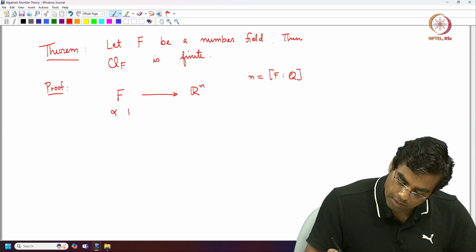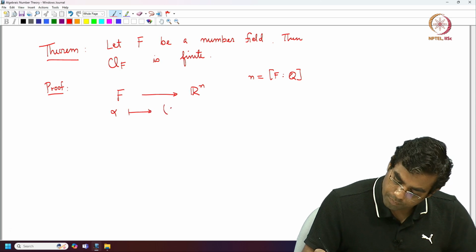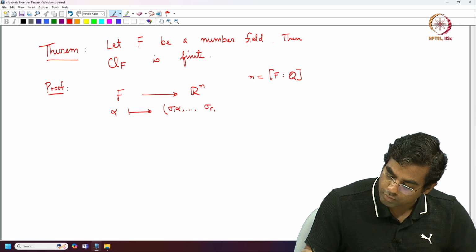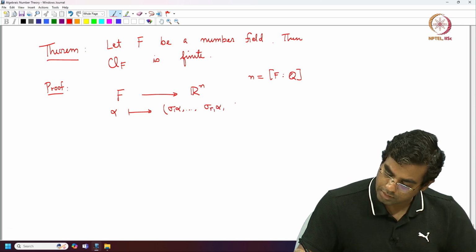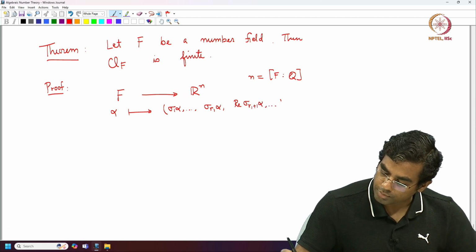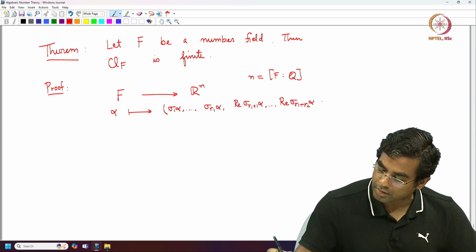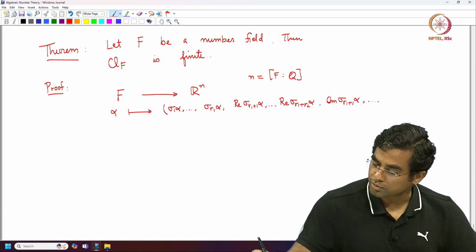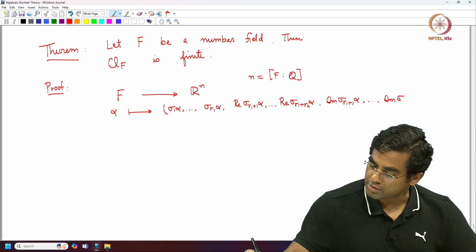It takes alpha to sigma 1 alpha and so on up to sigma r1 alpha, and then the real part of sigma r1 plus 1 alpha and so on up to the real part of sigma r1 plus r2 alpha, and then the imaginary part of sigma r1 plus 1 alpha and so on up to the imaginary part of sigma r1 plus r2 of alpha.